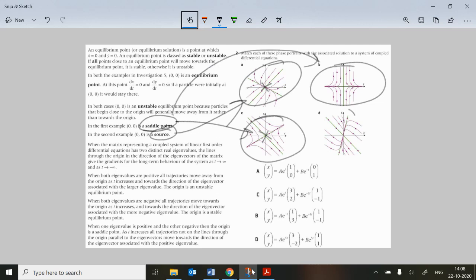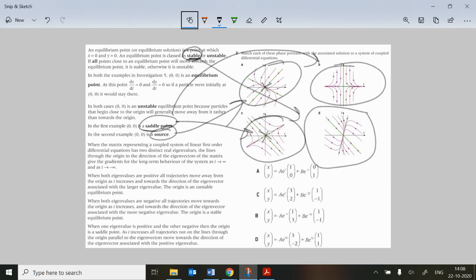Now, with this final one here, this is your example of a stable diagram. So it's stable because we're always going towards the point of equilibrium being there again. So this one is the only one which is stable.